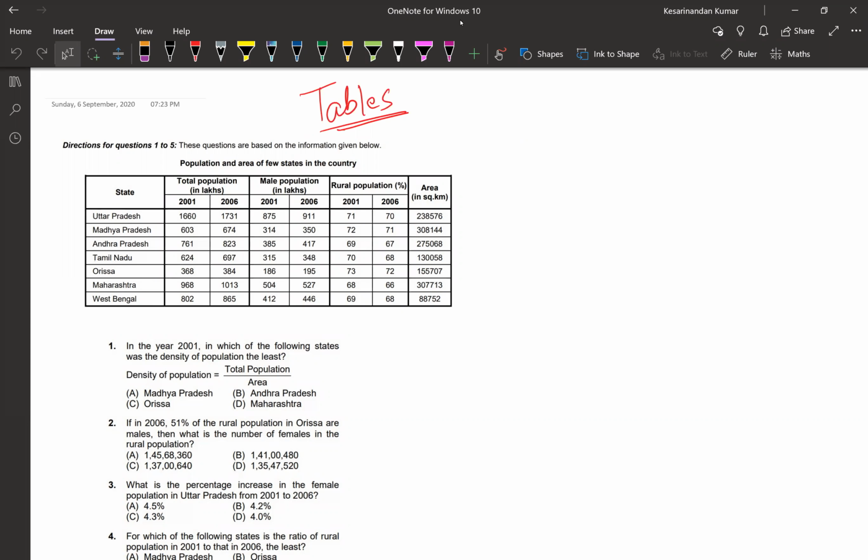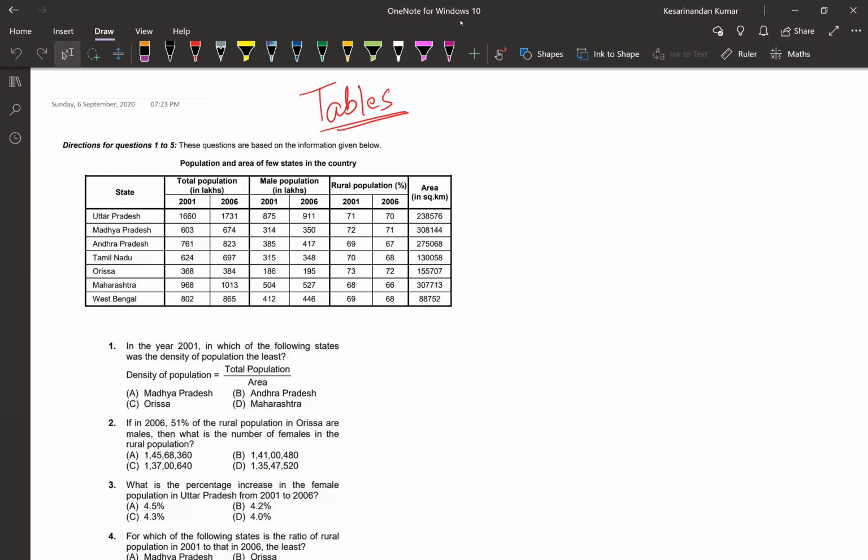there's a table given that depicts the population and area of a few states in the country. So we have data of 2001 and 2006, total population of the state is given, and then it is segregated into male population. Now we have to assume here that there are only two genders considered, no data in others. So can we say, from the total population, if we subtract the male population, whatever is left will be the female population, right?